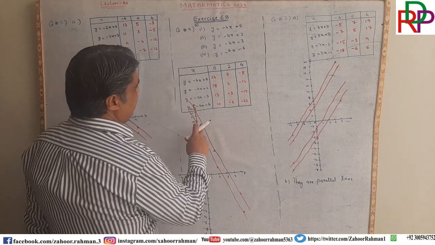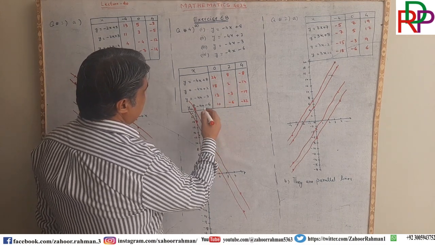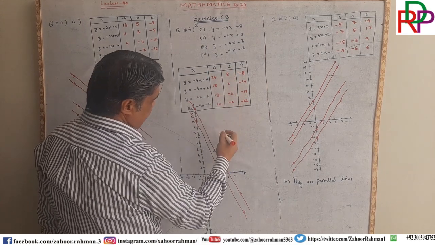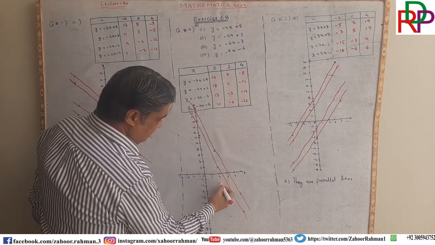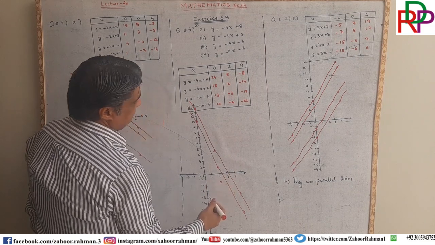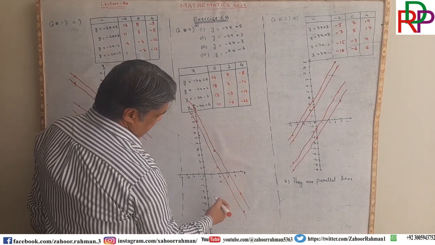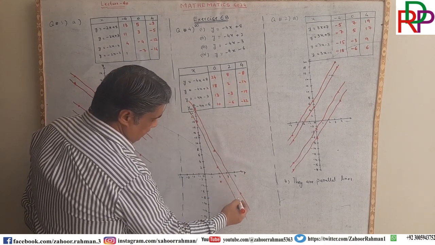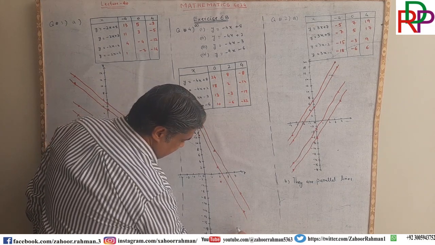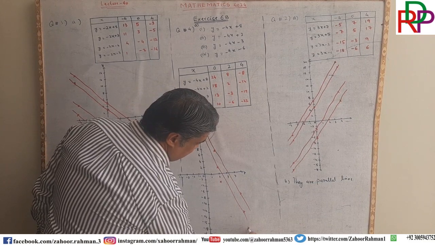Okay, the second point is that for 0 it is 13, which is here. For 2 it is minus 3, which will be somewhere here in the middle, and for 4 it will be minus 19, and minus 19 will be somewhere here.